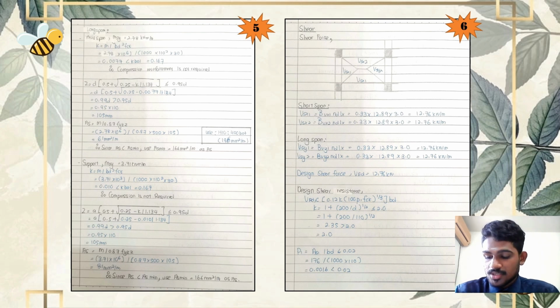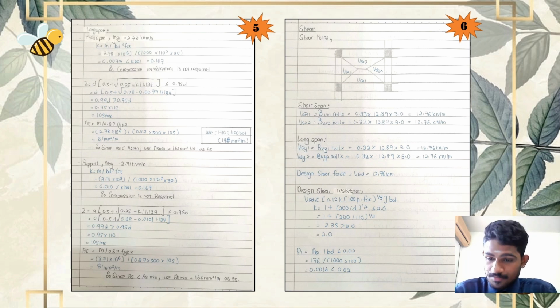Okay, for the design shear force, the total VED we get is 12.76 kilonewton. The next step is we should find the design shear resistance. The formula that we are going to use is VRDC equals 0.12 K (100 P1 FCK) power of 1 per 3, times BD. First we should find the K, which is 1 plus (200 divided by D) power of 1 per 2.